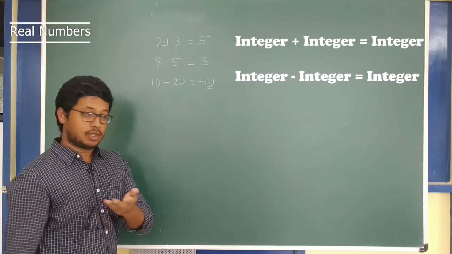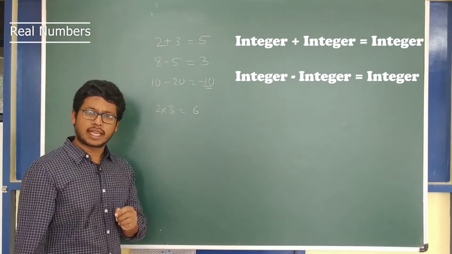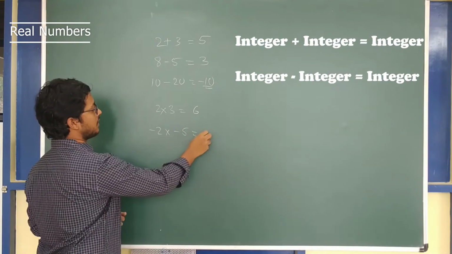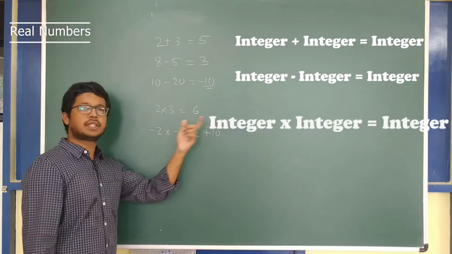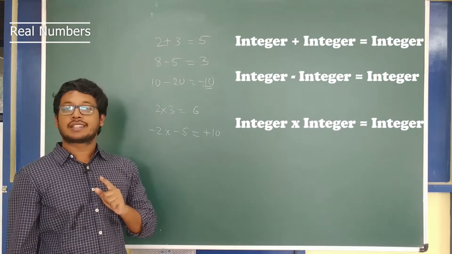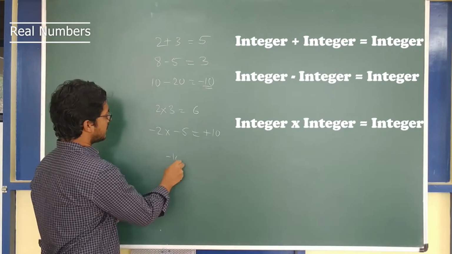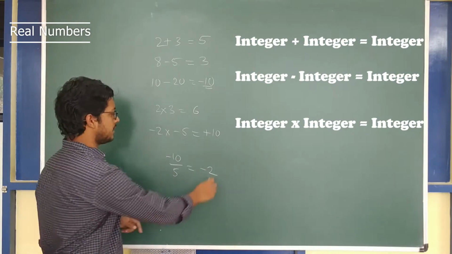If you multiply two integers, let's take 2 into 3, which is 6, again an integer. You take any other examples, 2 into minus 5, minus 2 into minus 5, which is plus 10. This is again an integer. So you multiply any set of integers, again the resultant will be an integer. But you cannot say the same thing for division. For example, if you take minus 10 by 5, the resultant is minus 2, which is an integer.